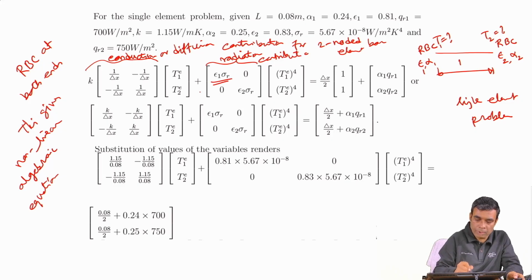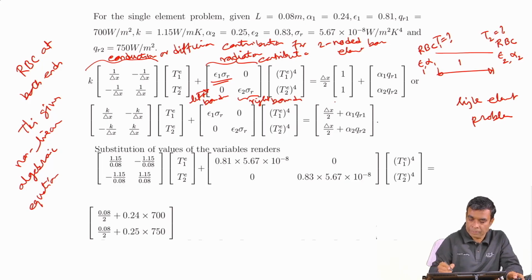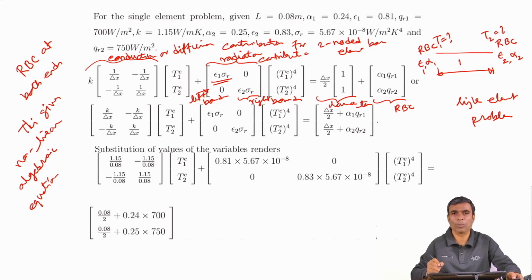This contribution is from the left boundary and this contribution is from the right boundary. This portion is the source term and this is the contribution from RBC. The top one is at the left boundary and the bottom one is at the right boundary.